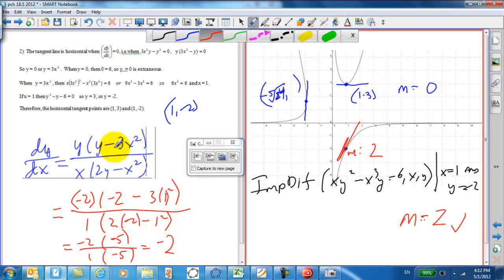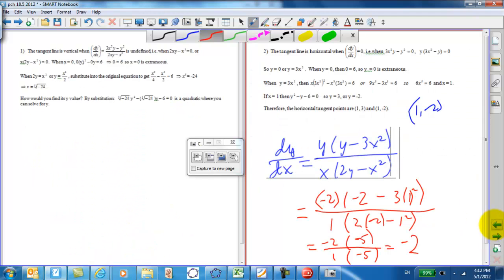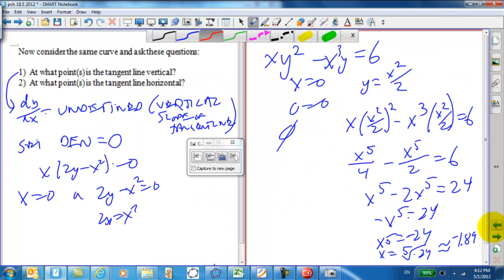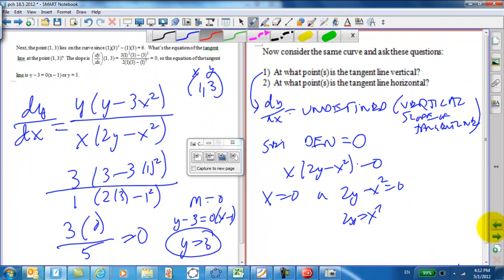I think I perhaps didn't copy everything correctly on our derivative here. Let's look back over here. Dy dx is y times y minus 3x squared over x times 2y minus x squared.